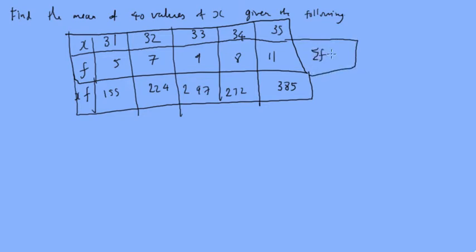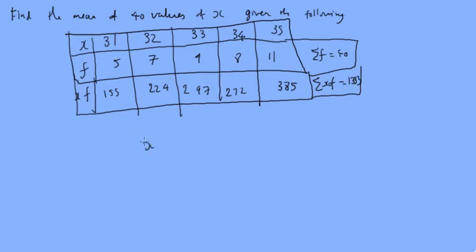of the frequencies, which is 40, and we need to find the sum of the data values, which is the sum of xf, and that is 1,333.